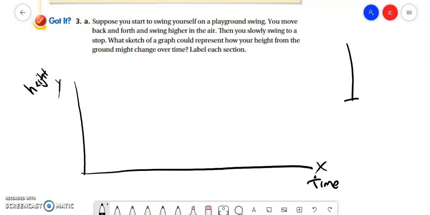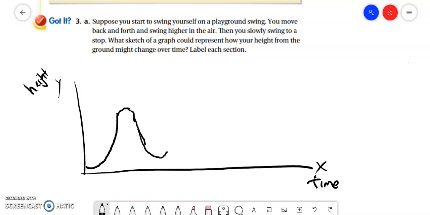So the idea is, as you swing, your height will go up if you go forwards, and your height will also go up as you go backwards. So you swing back and forth, and your height will change. So let's see if we can come up with a model for that. Let's say you swing forward, your height would go up here, and so you lose momentum, so you're no longer increasing your height, so you go back down.